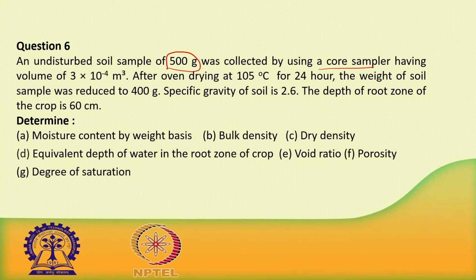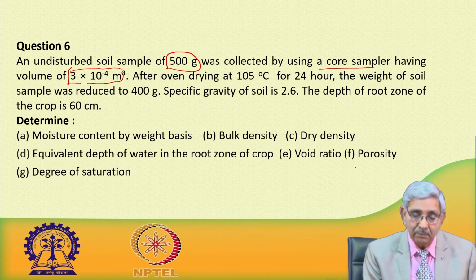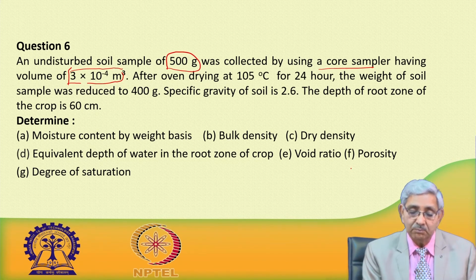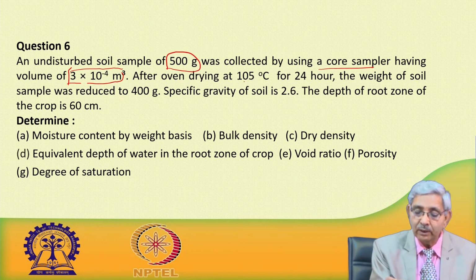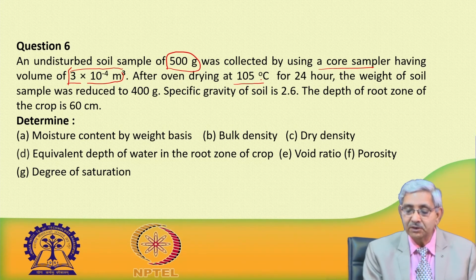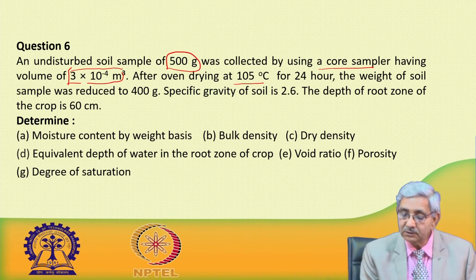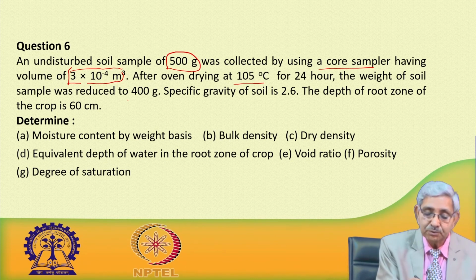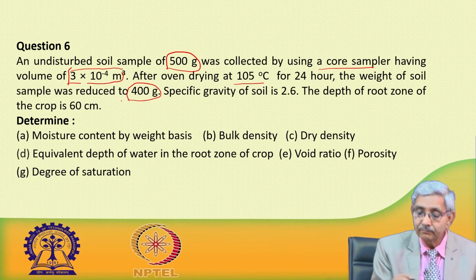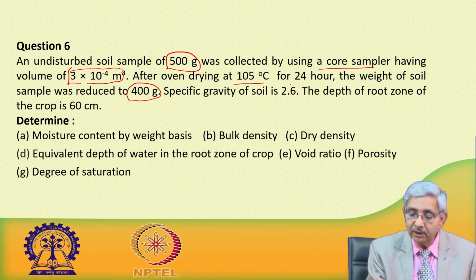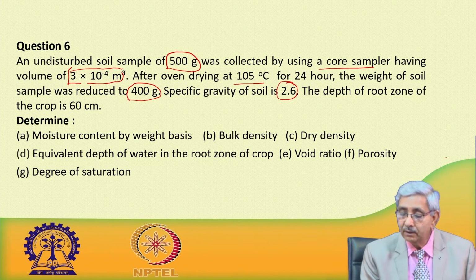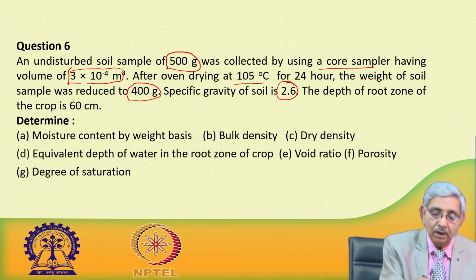This core sampler has a volume of 3 into 10 to the power minus 4 cubic meter, and after oven drying at 105 degree Celsius for 24 hours, the weight of the soil sample was reduced to 400 gram. The specific gravity of this soil is 2.6 and the depth of root zone of the crop is 60 centimeter.